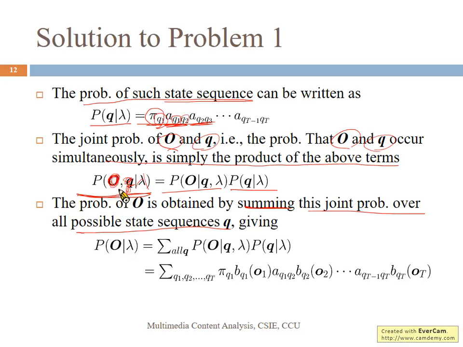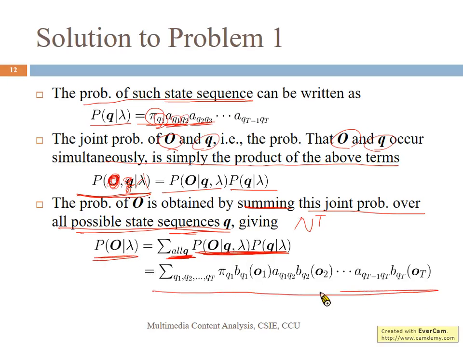Because various state sequences are possible to generate the observation, we have to sum over all possible state sequences, and remember that we have N to the power of T state sequences. Mathematically, we can represent the probability of O given lambda by this equation, and this would be very computationally expensive.